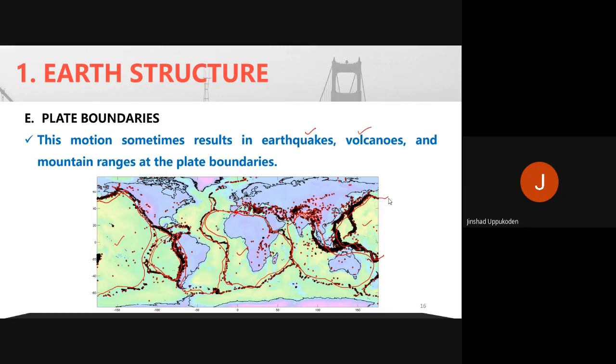Surface waves are slow moving, but they are more dangerous. So when I design structures, we concentrate more on the magnitude, displacement or acceleration of the surface waves rather than the P or S waves.